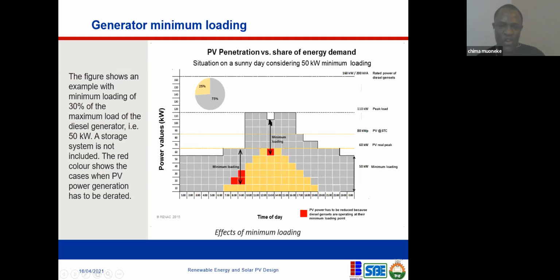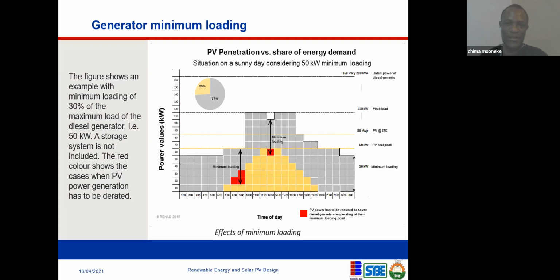So at this point again, you have to derate your solar system so your generator can now power a 50 kilowatt load, while your solar system powers the remaining 50 kilowatts, in as much as your solar system is producing 60 kilowatts. But because of the minimum loading condition of a generator, we cannot use all of that.